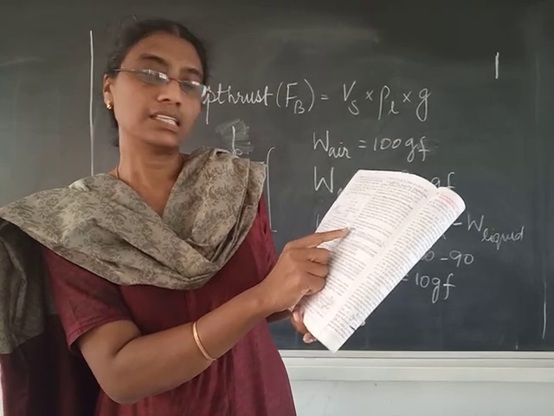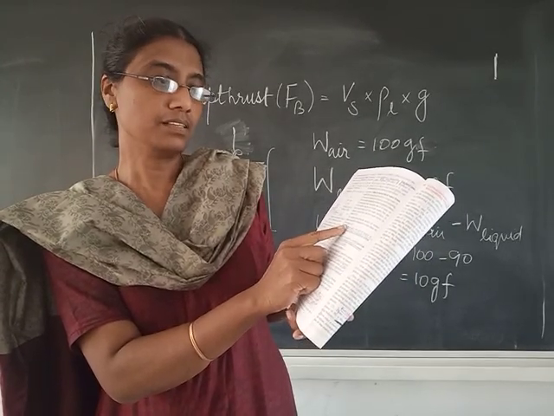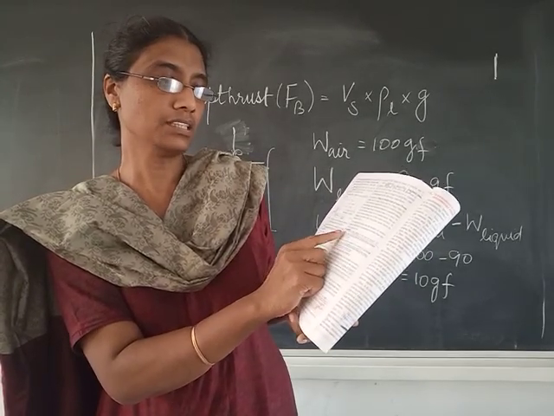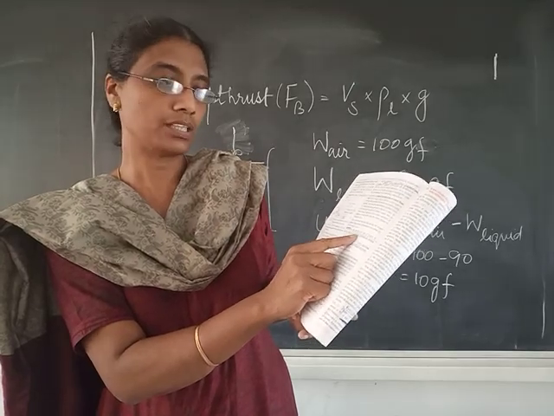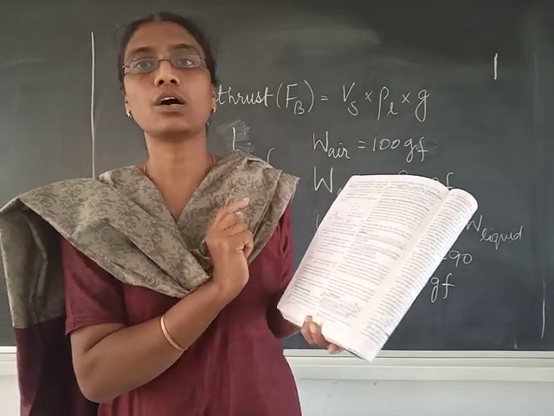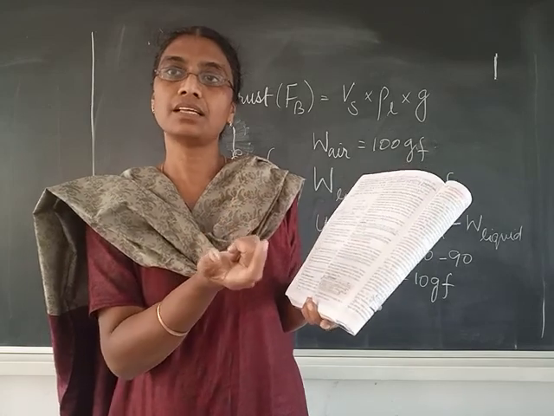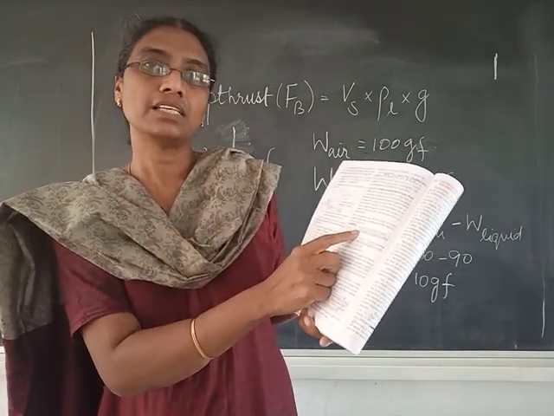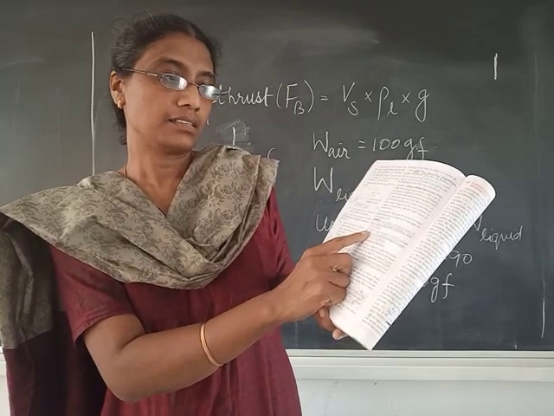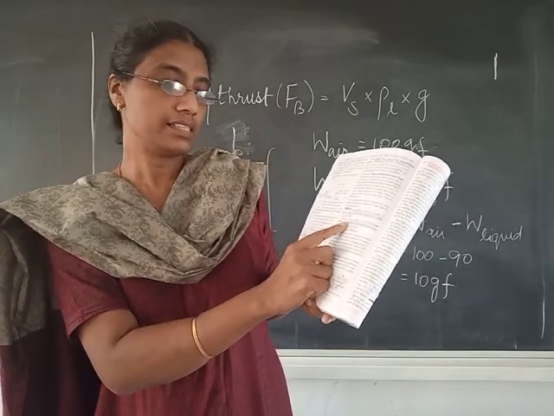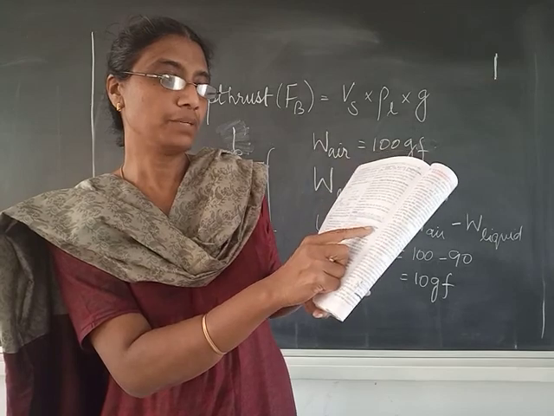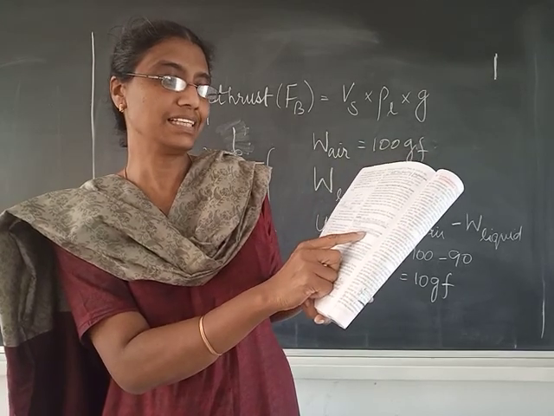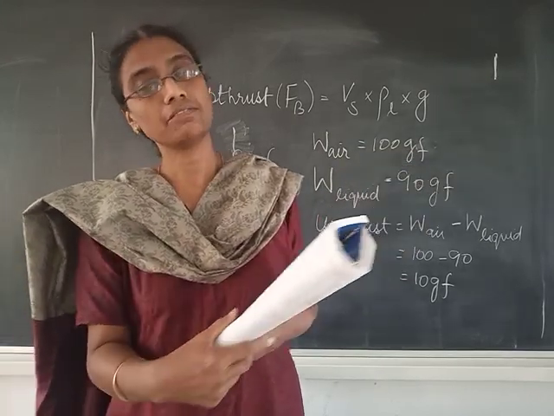Then there can be a reasoning question possible. When pulling a fish out of water, it appears lighter inside water as compared to when it is out of water. Same thing, inside water there was upthrust, so its weight is less. Another possible reasoning question is, a body weighed by a sensitive spring balance will weigh slightly less in air than in vacuum.